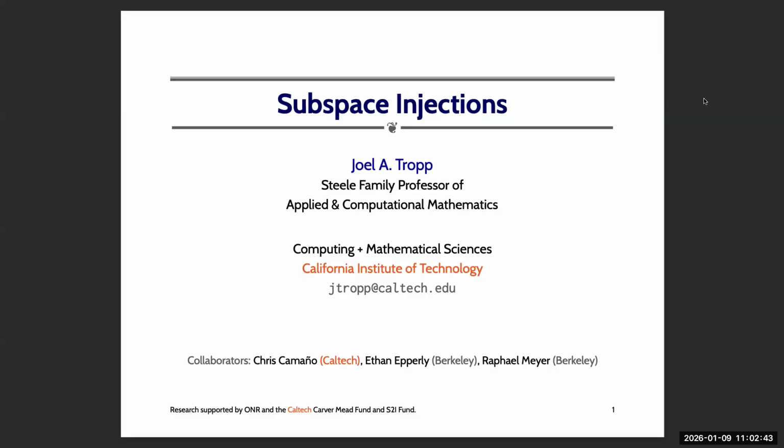But unless you have some experience with this, it may not be fully clear why these topics are of value. The other important point before I begin: this is joint work with Chris Camano, who did all of the numerics, Ethan Epperle and Raphael Meyer, who did a lot of the theoretical work, and they're really the folks who drove this project to completion.